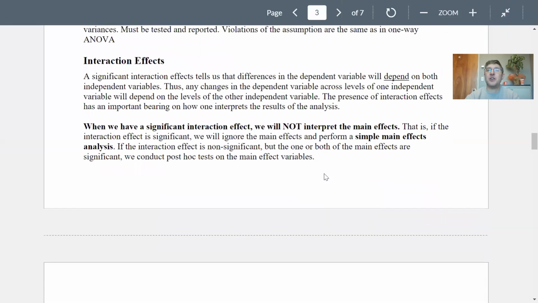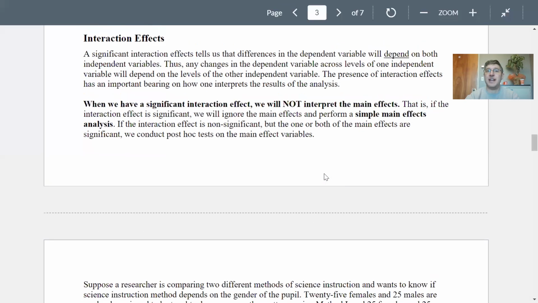So now for our new term, interaction effects. A significant interaction effect tells us that differences in the dependent variable depend on both independent variables. Any changes across levels of one independent variable will depend on what level you are on the other independent variable.